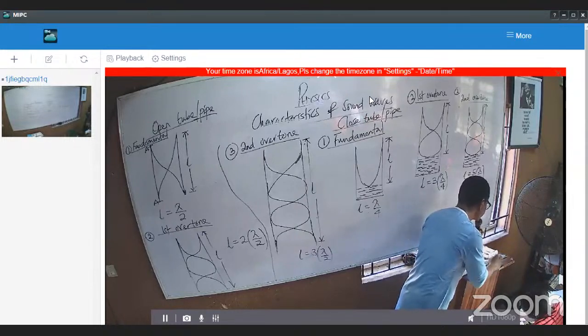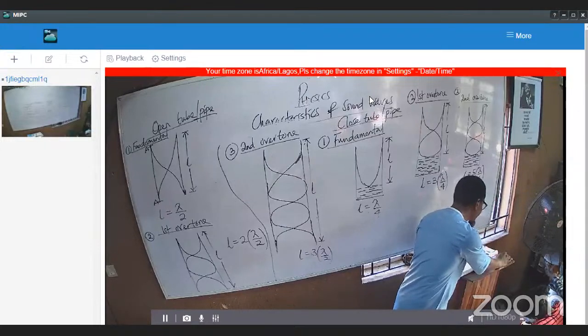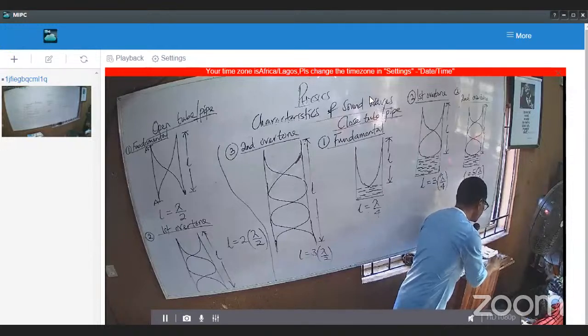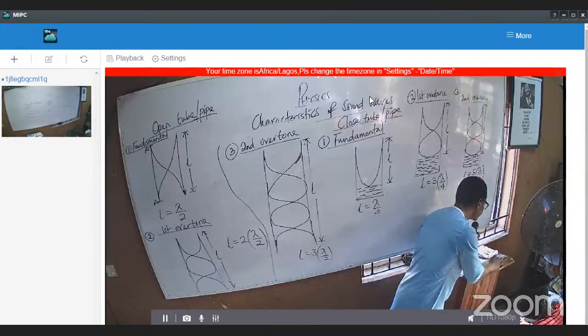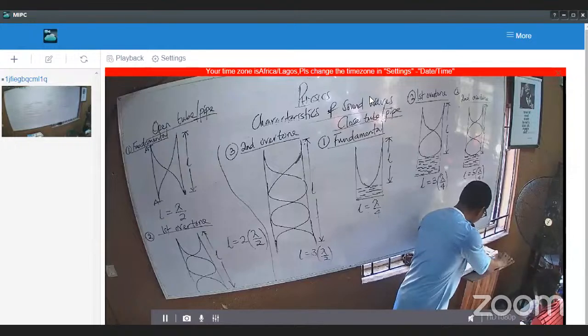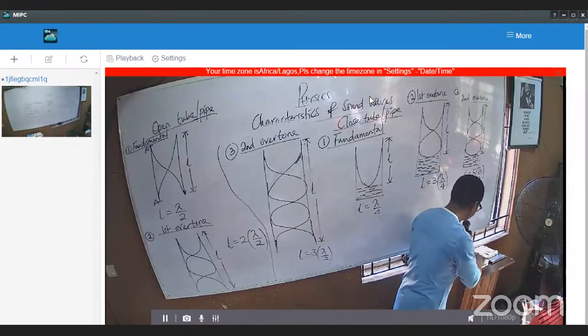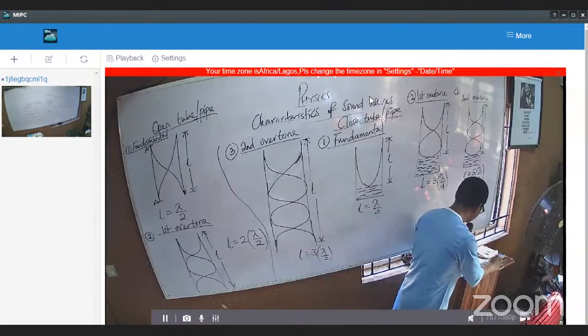Two sound waves have frequencies of 120 hertz and 100 hertz. Full stop. Calculate their beat period.